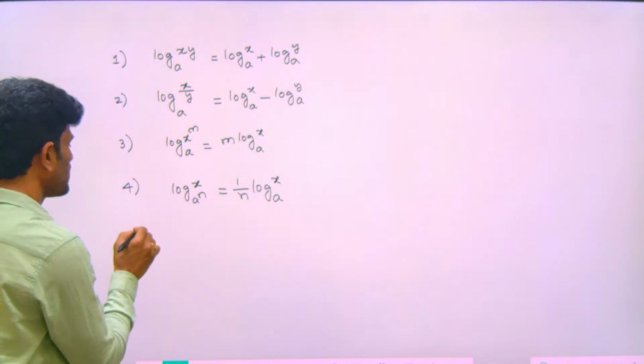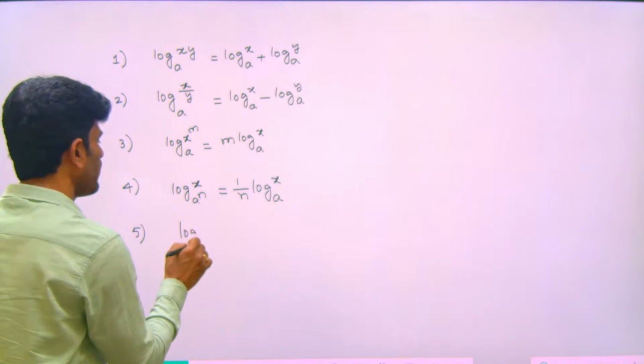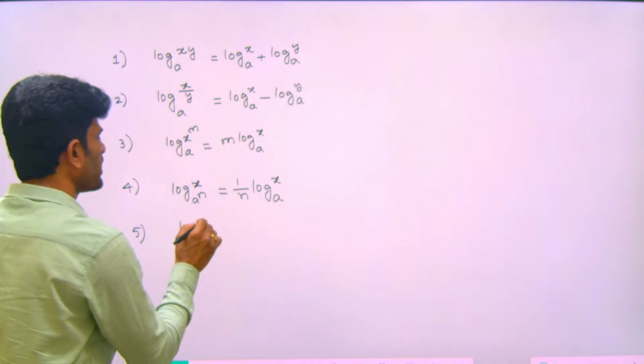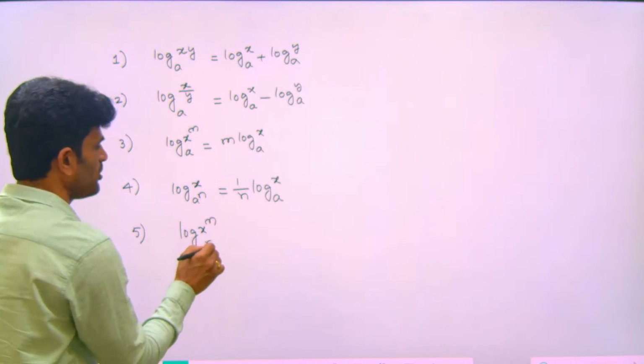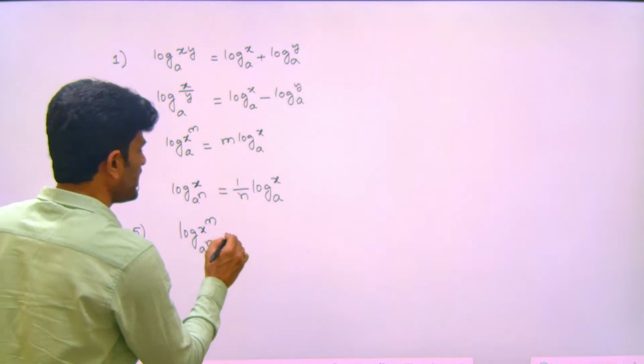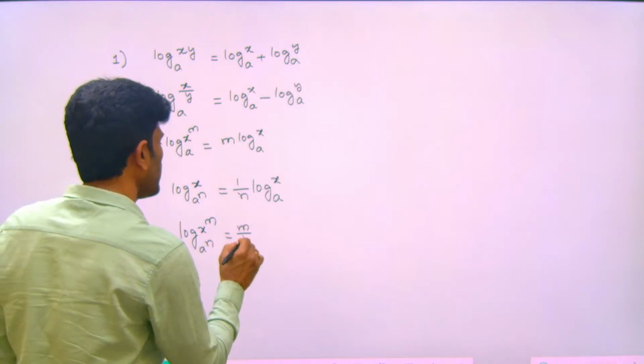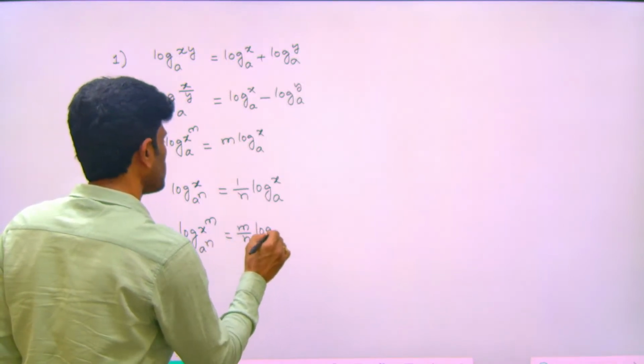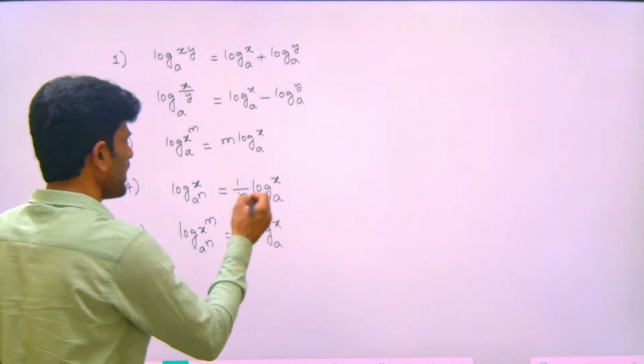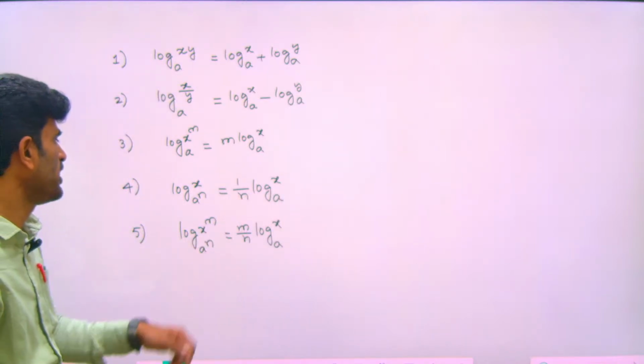One more we can write like this. Suppose you have power for both the numbers, log x to the power of m base a to the power of n. Then we can write it as m by n log x to the base a. That m will be the numerator and this n will be the denominator.